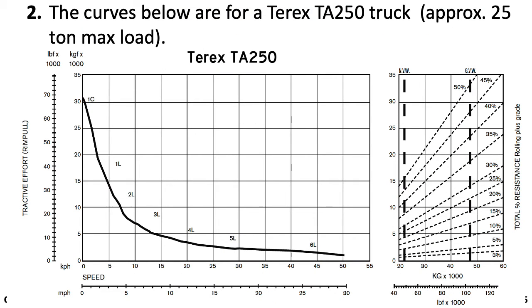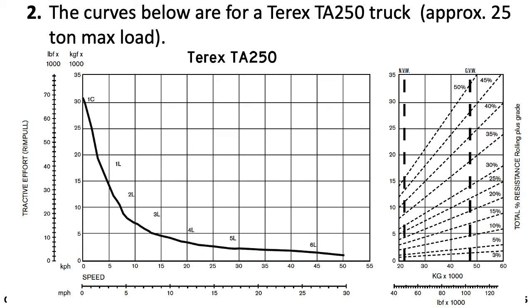So this performance chart has a different format than the previous one. This chart is for truck Terex T8250. So in this chart, the weight and the resistance are in a separate diagram on the right side, where the weight axis is on the lower horizontal edge, and the process should be the same.